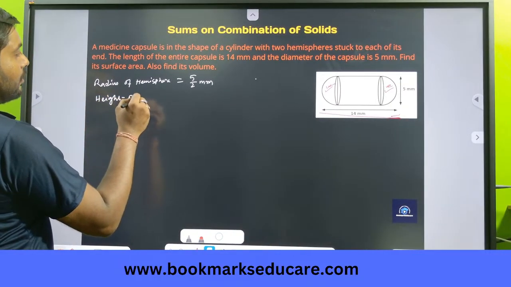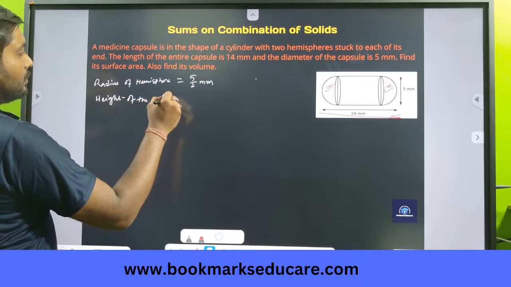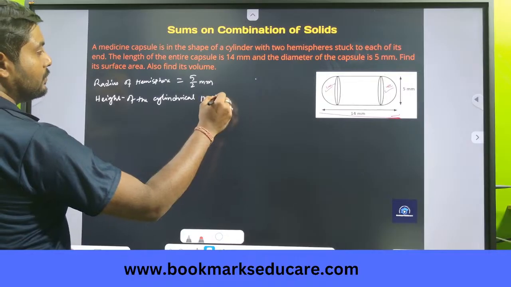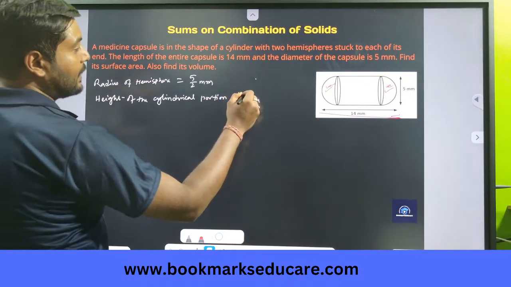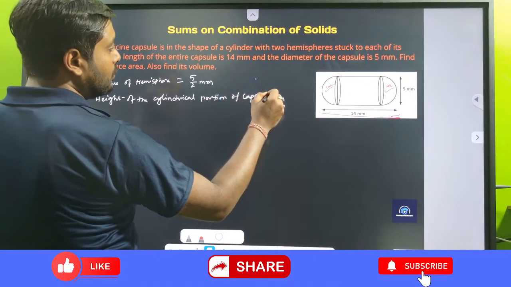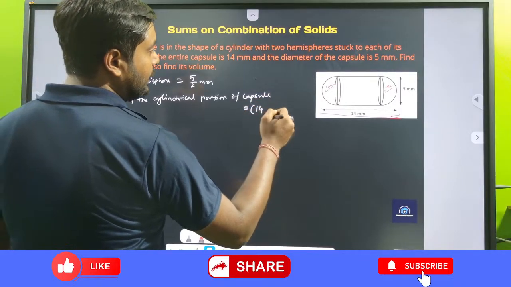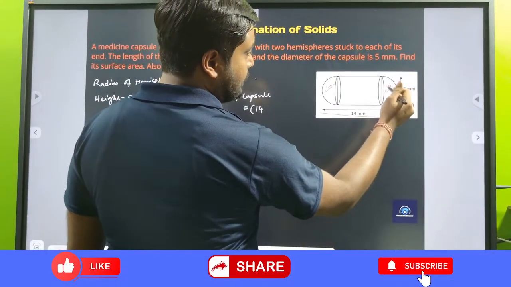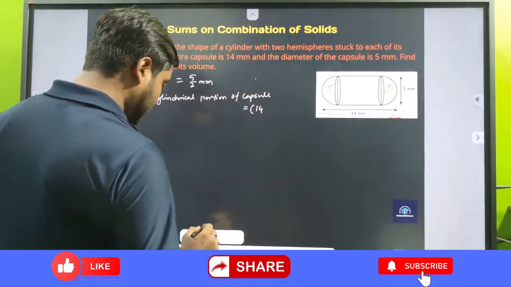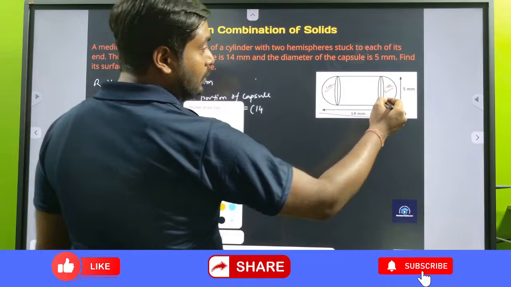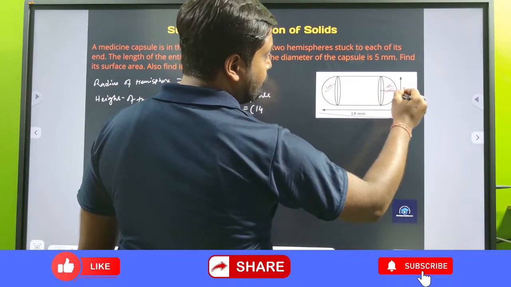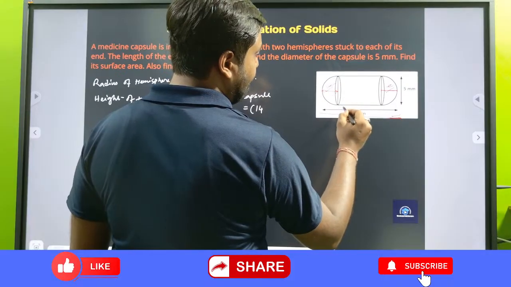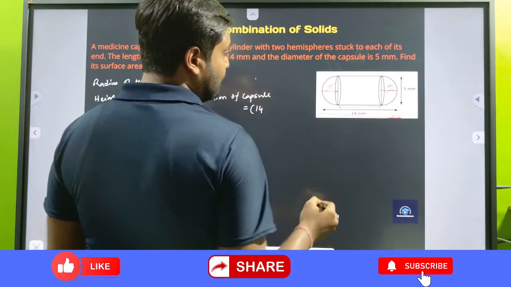The height of the cylindrical portion of the capsule: the total length is 14 millimeter, from this the radius at each end will be cancelled, then we will find the height of the cylindrical portion.